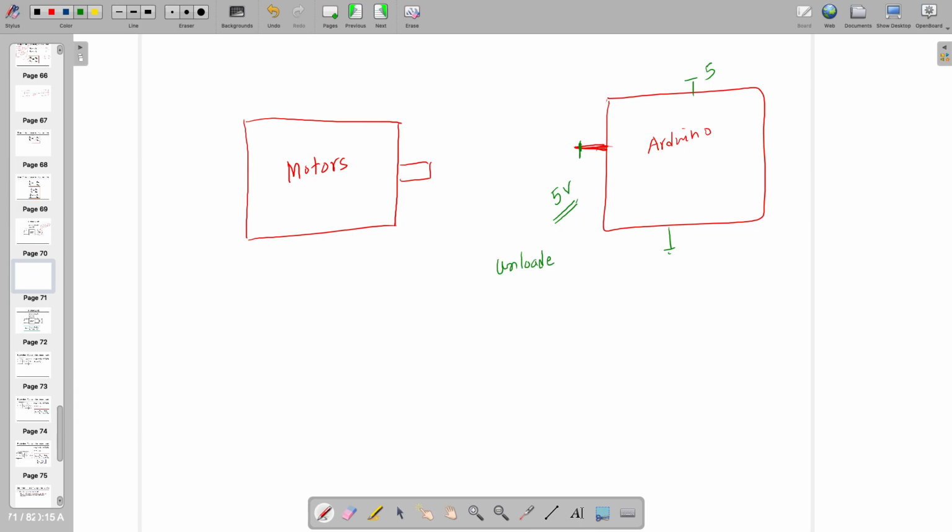When I say unloaded, it means nothing is connected as a load, or I am not connecting any device at the output. If something is connected, then it's loaded, and you have to see what the input impedance of the device is, right? For that you need to model the device, and from the model you can find Zin using any of the parameter methods, and you can keep it here.